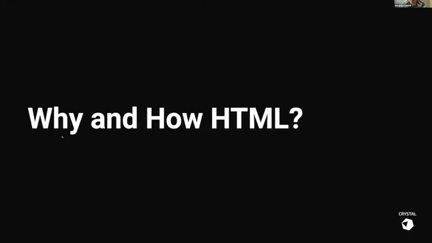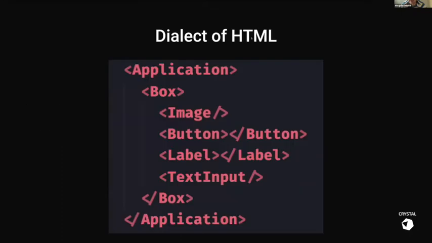And now I'll talk about why I chose HTML. So I chose HTML because it's one of the most battle-tested, proven languages, so to speak, markup languages, which is used for development of front-end software. And I mainly did a dialect of HTML. I changed up some components.